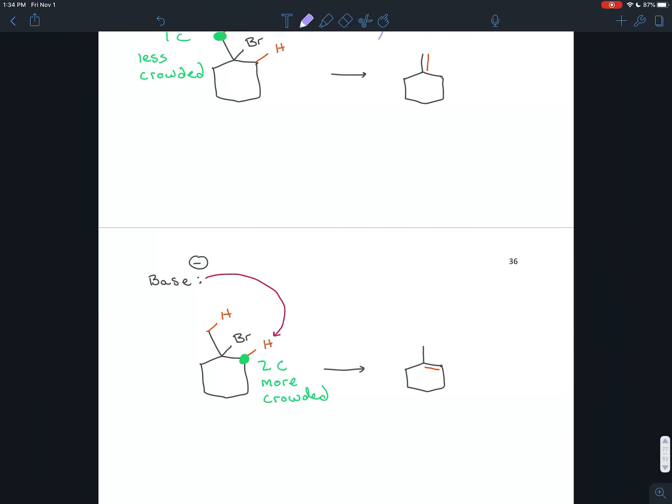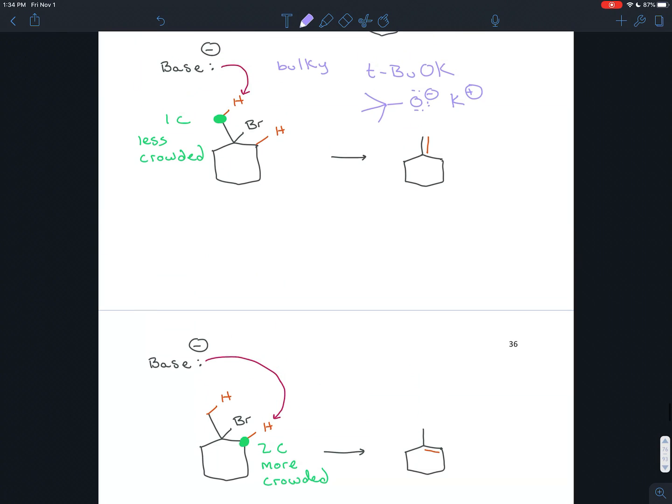On the other hand, if you want to attack the hydrogen that's more crowded, then you need a skinny base. And skinny bases that you learned would be like sodium hydroxide, sodium methoxide, or sodium ethoxide.